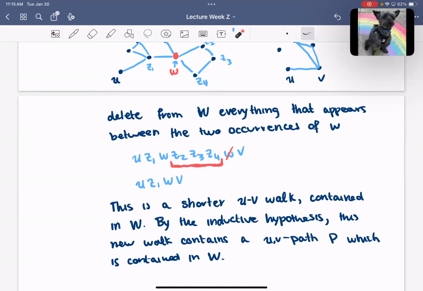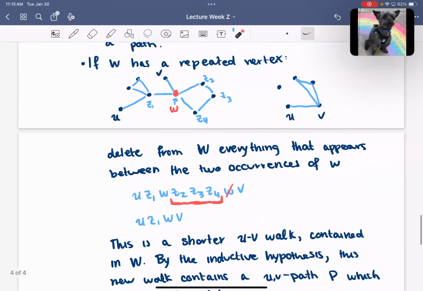Our goal is to shorten the walk so we can get a better hypothesis. Do we have to delete the repeated vertex? I'm trying to delete just a vertex, maybe. But that would also shorten the walk. So in this example, what would you have deleted?